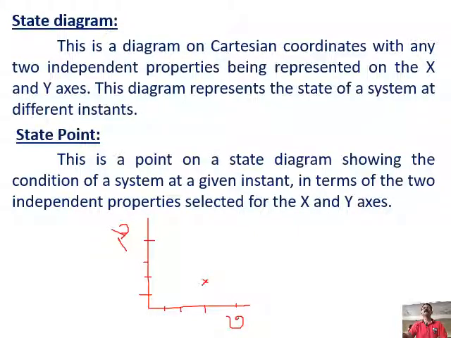It may be somewhere here also, 0.1 bar and 0.5 meter cube, or it may be 1 meter cube and around 3.5 bar. So this is called a state point: a point on the state diagram showing the condition of a system at a given instant.